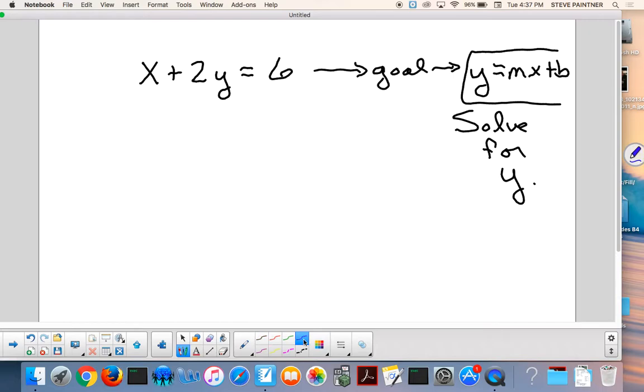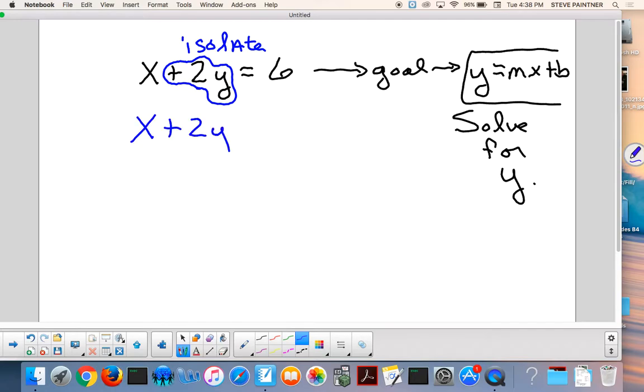So looking at this equation right here, you need to solve for y. So this is called the y term. You must isolate the y term. Okay? Now to isolate it, you need to get the x term off this side.